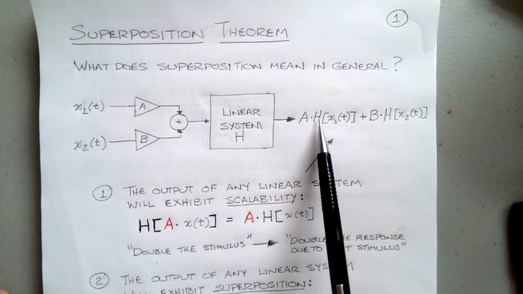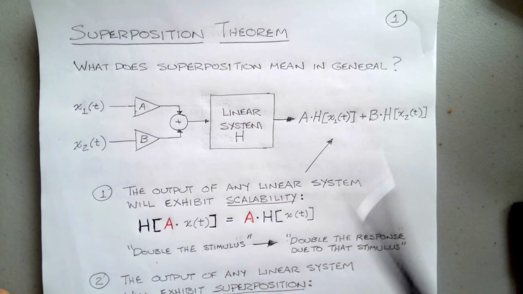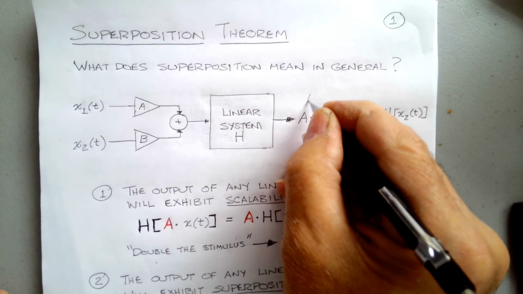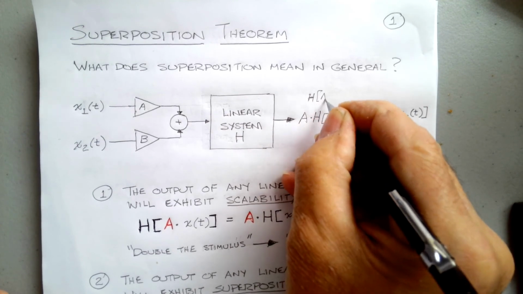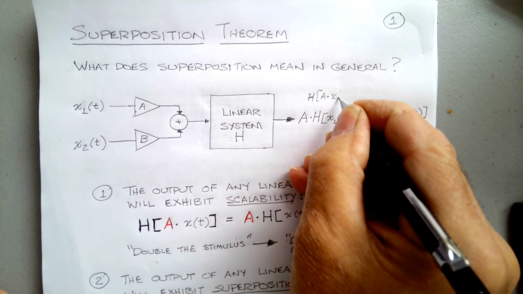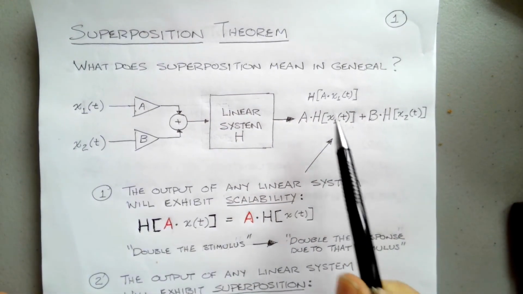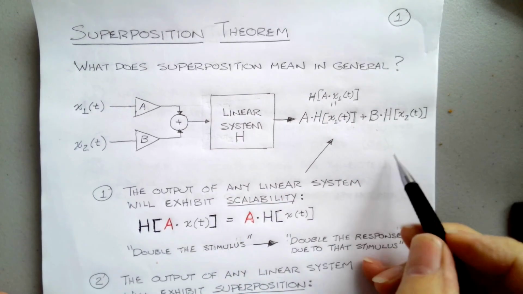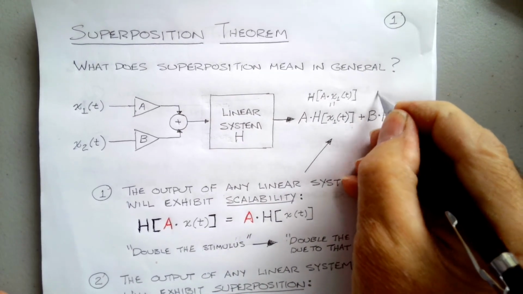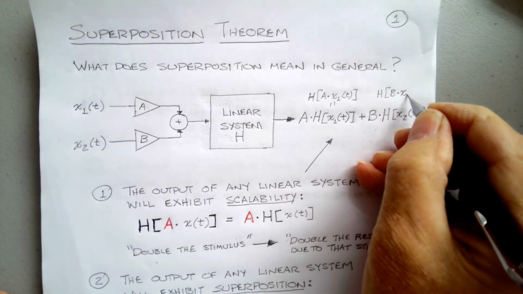You might say, well, this output is also H of a times x1 of t, and this one over here is the same thing as H of b times x2 of t.